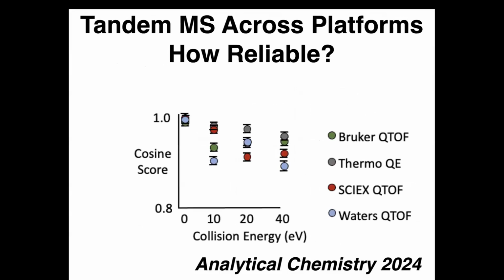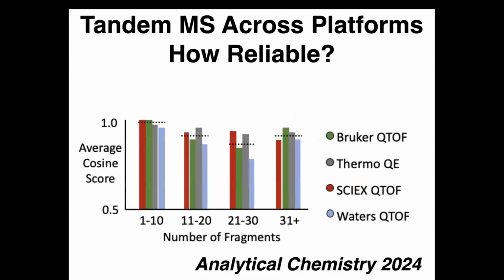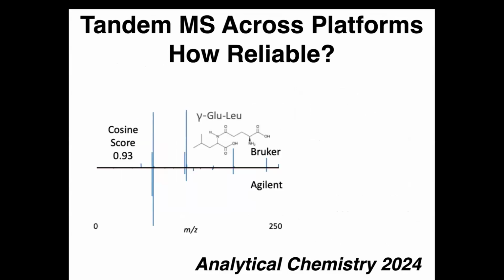And here's just an example of the cosine scores that were generated across the instrument platforms. This is all with respect to the Agilent platform, which we were doing a comparison against. And again, here's those same scores looked at with respect to the number of fragments that were observed in each case. And here's a quick example of the MSMS data being nicely consistent for this one dipeptide between Agilent and Bruker.